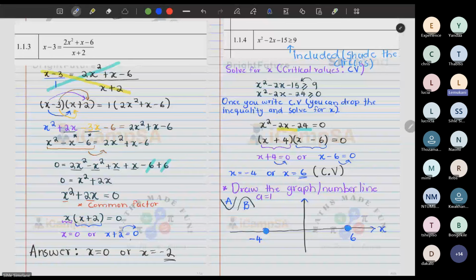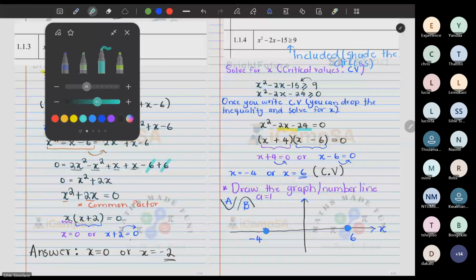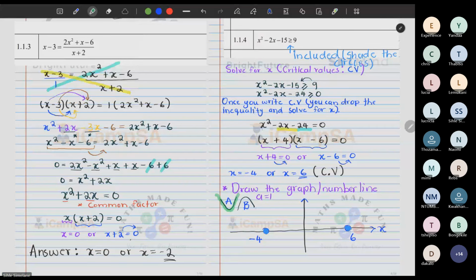Option A. Why option A? Because A is greater than 0. Yeah, because A is positive. So we are going to take option A. So I'm going to have my graph looking something like this. Okay. Now we are nearly done.